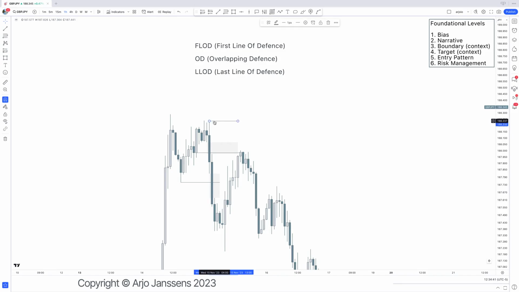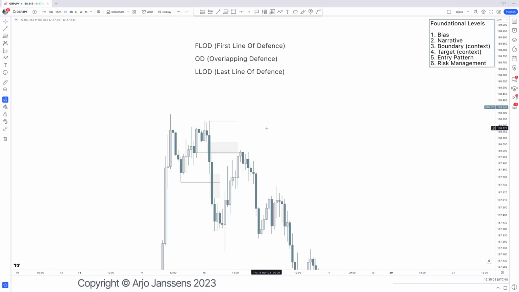Because this is the last premium array that can get swept, can get traded to that premium array to then continue lower. Is the last line of defense. Because if that doesn't hold, then the whole order flow leg is invalidated and the whole order flow leg is basically discarded, and we then can look to continue higher overall.